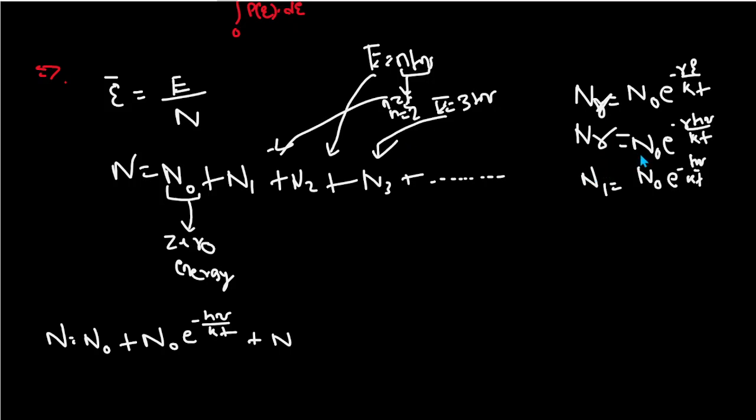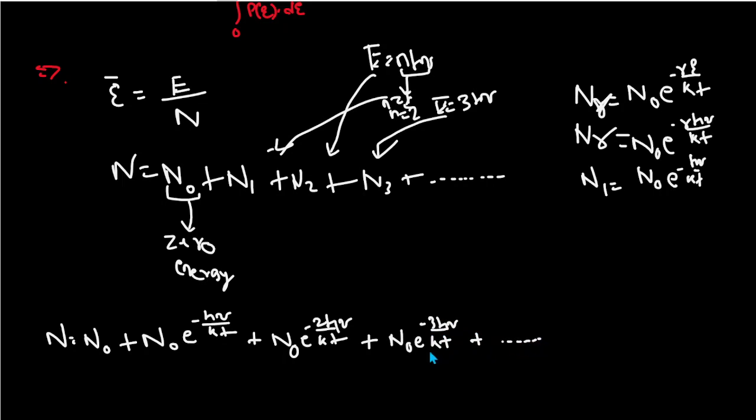Nr is equal to n naught e to the power negative r h mu divided by kt. So for n2, the particles having energy 2h mu is n naught e to the power negative 2h mu divided by kt, plus n naught e to the power negative 3h mu divided by kt, and so on.